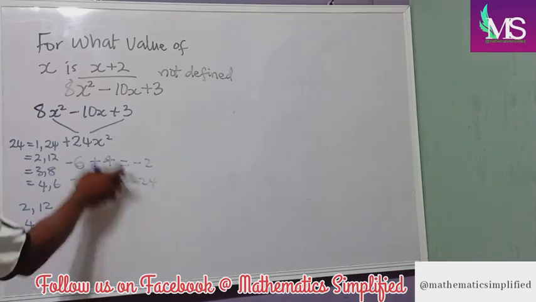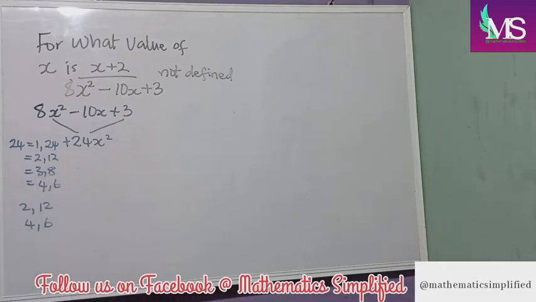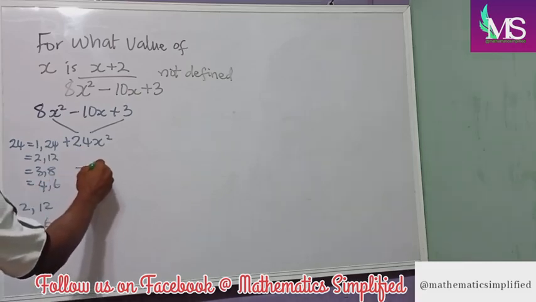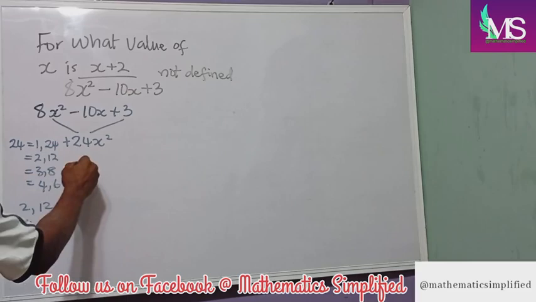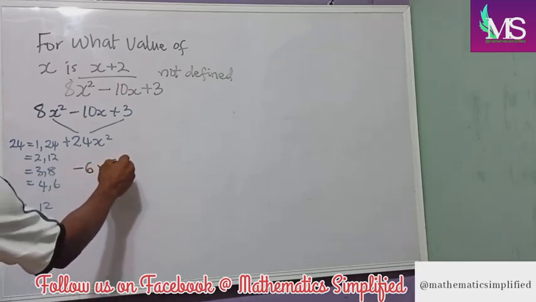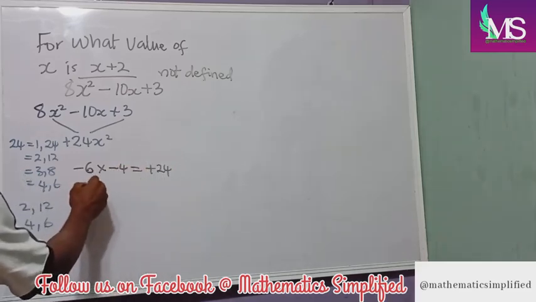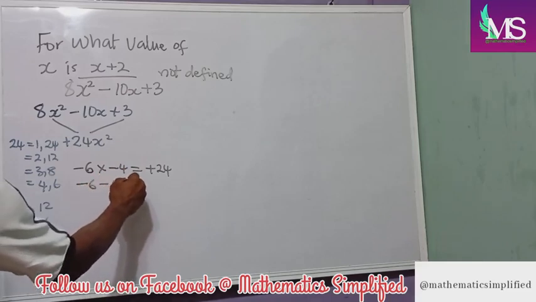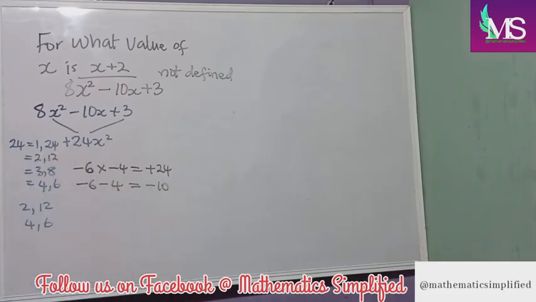Now since we are looking for a positive 24, let's look at both being minus. We have minus 6 times minus 4, which will give us a positive 24, and minus 6 minus 4, which will give us a minus 10. So this works perfectly for our equation.